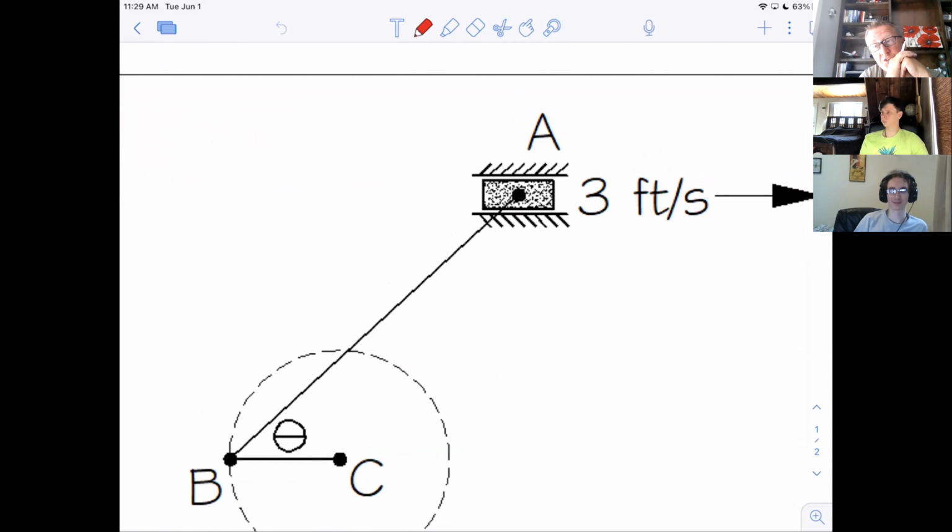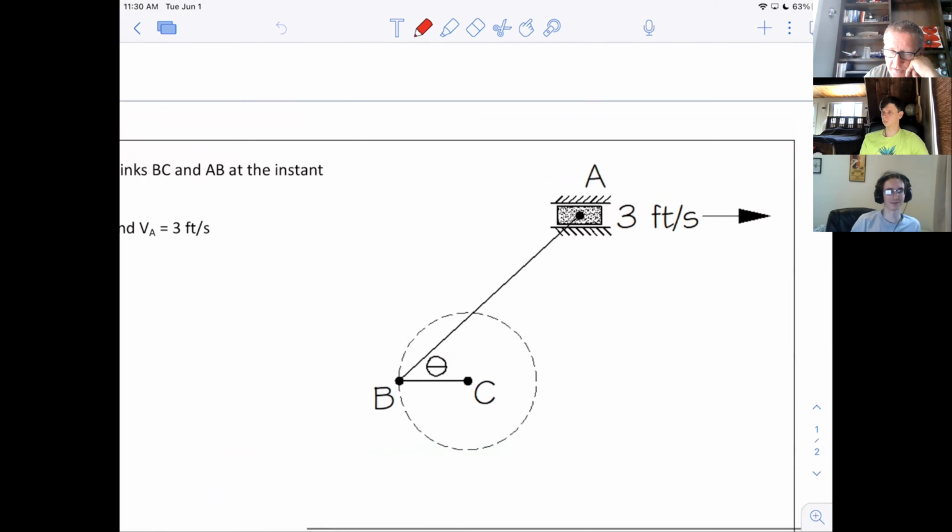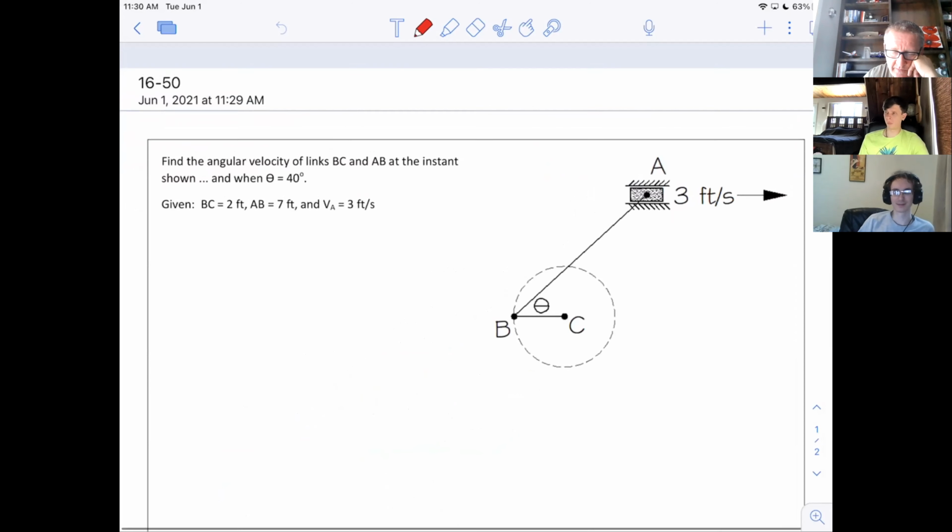And so as the driver, I'm putting a 3 foot per second speed on it. Notice the snapshot in time right now. Notice where B is. B is at a very convenient place for our first problem. It's sitting over there perfectly level at 9 o'clock, at 180 degrees, whatever you want to call it. It's in a nice location. And so at that snapshot in time, what's the velocity of B?